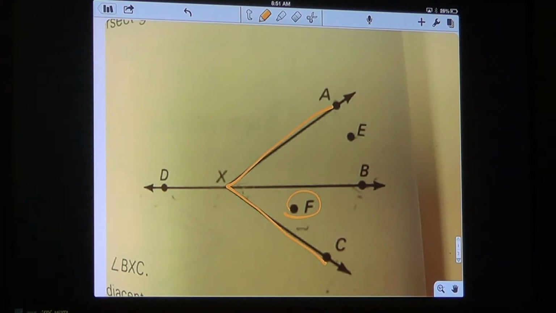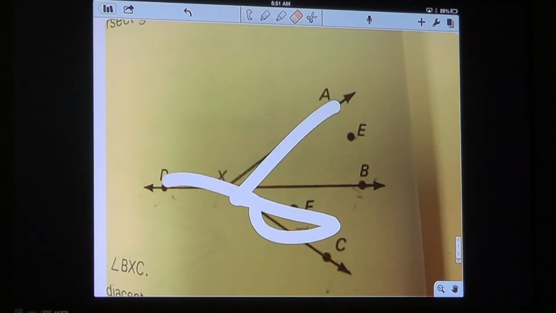D lies in the exterior of angle BXC. Here's BXC. What are we looking at? D. So that's true.